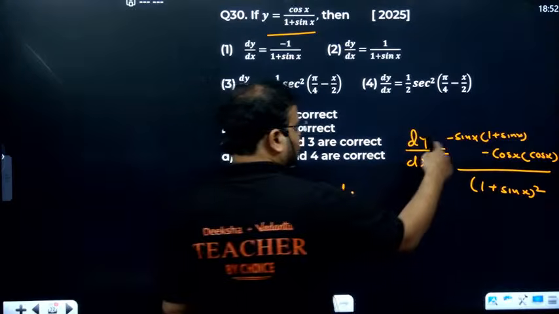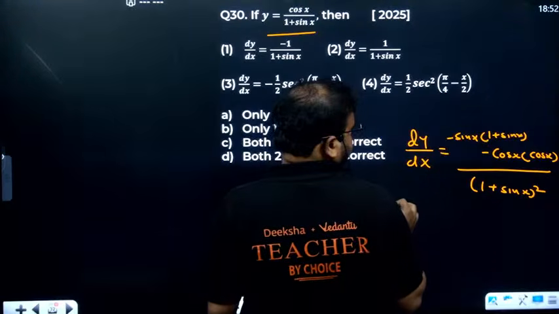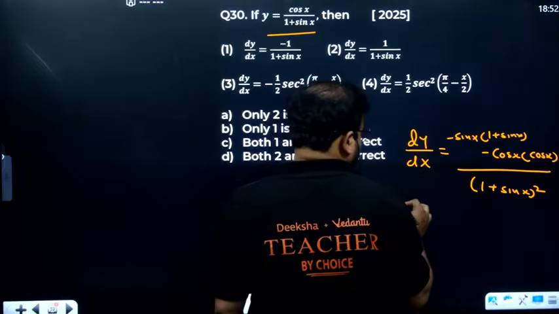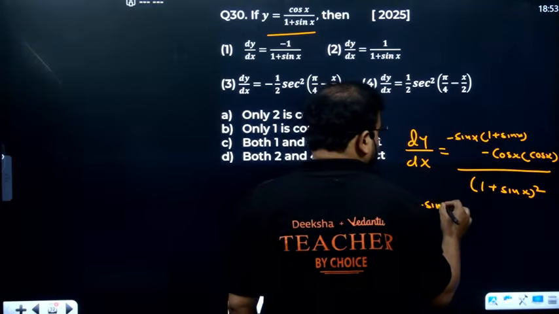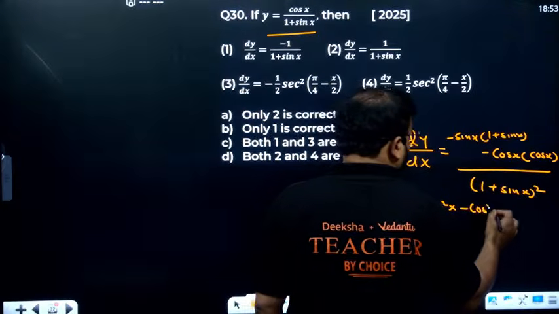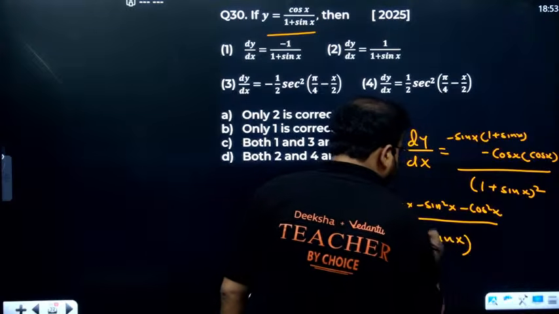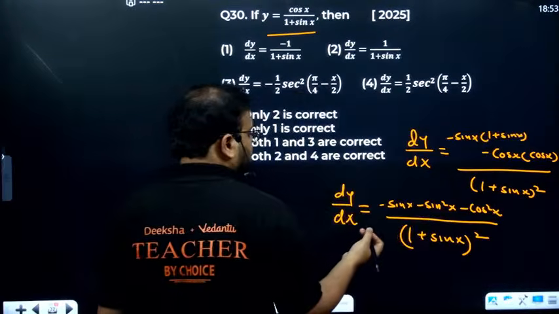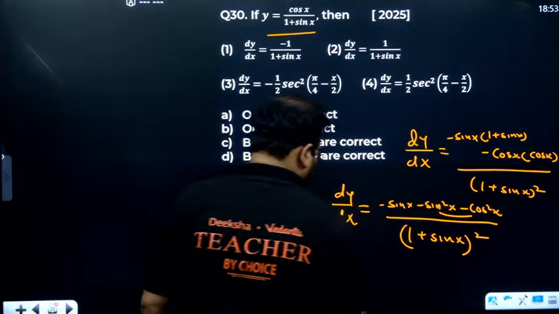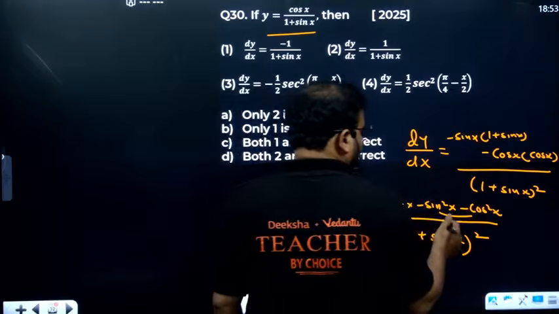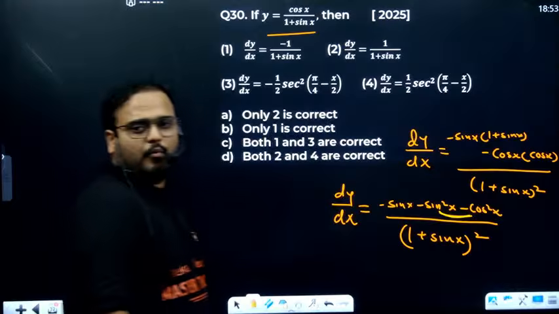Okay, simplify now. You'll have minus sine x minus sine square x minus cos square x upon 1 plus sine x the whole square. Check, this is becoming minus 1. That part over here is becoming what? Minus 1.